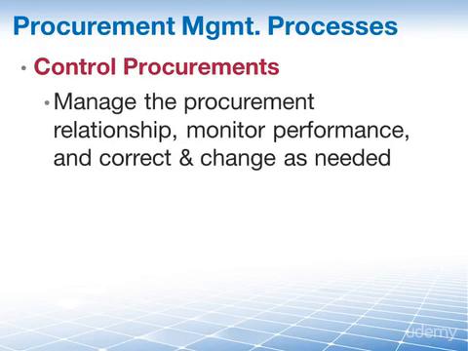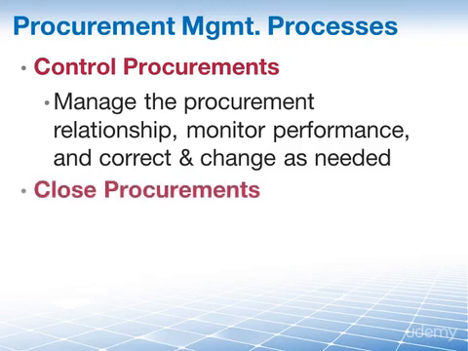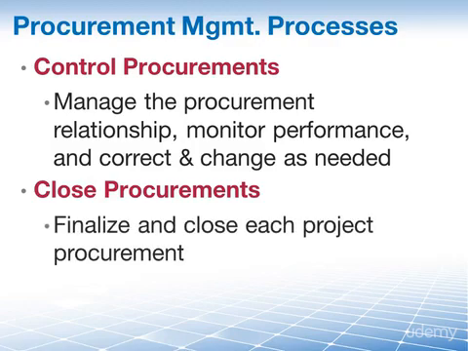This is the process of managing procurement relationships, monitoring contract performance, and making changes and corrections as appropriate. And that is then followed by close procurement. This is possibly the process in the PMBOK guide with the shortest description ever, because all that the PMBOK guide tells us is that this is the process of completing each project procurement.